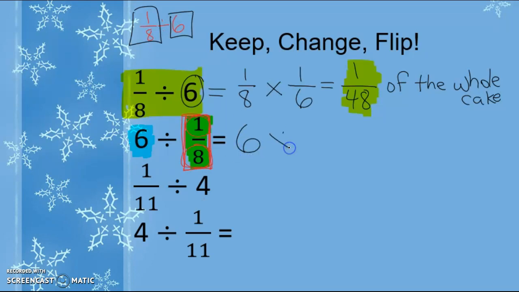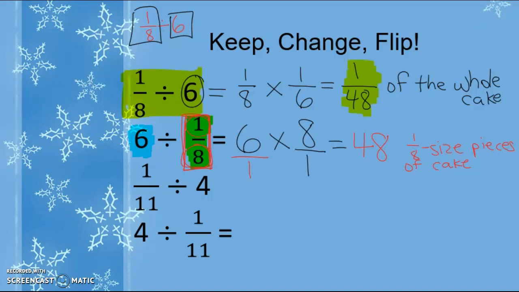We're going to change the sign, and we're going to flip the divisor. Now we have 2 factors. Now we can multiply. 6 times 8 is 48. So there will be 48 1/8 size pieces of cake. Hopefully you see the difference.